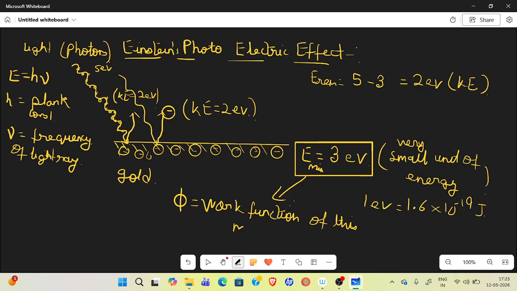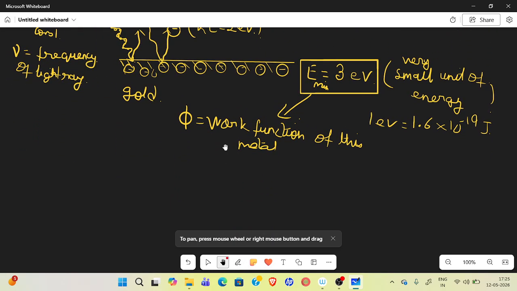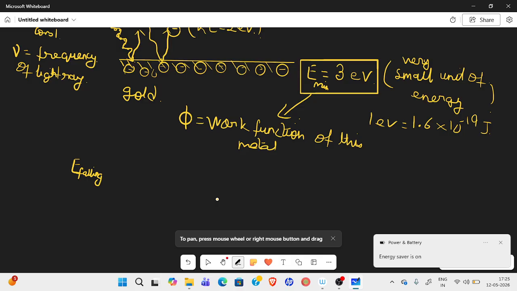So this is the basic idea behind the photoelectric effect: whatever energy is falling is contained by the photon. It will be utilized in two ways.